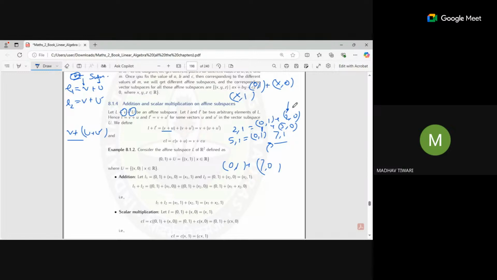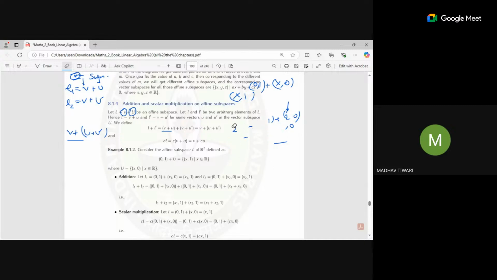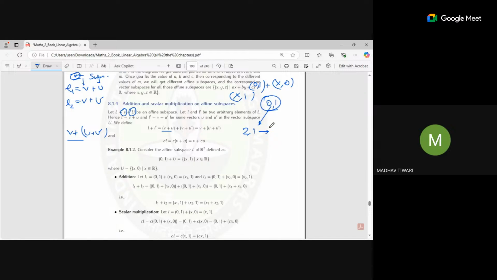What we are following here is actually related to the subspace. You are aware of how we add in subspaces: we use the standard addition and multiplication laws. If I have a vector 2 comma 1, I know that its translatory part is common for the whole affine subspace, so I remove it. Whatever is left is 2 comma 0, and from 5 comma 1 what is left is 5 comma 0.